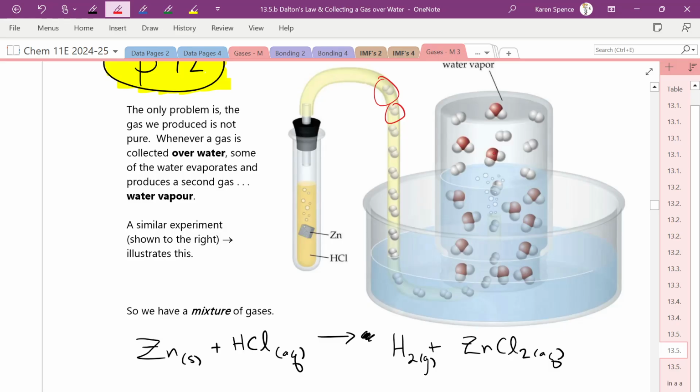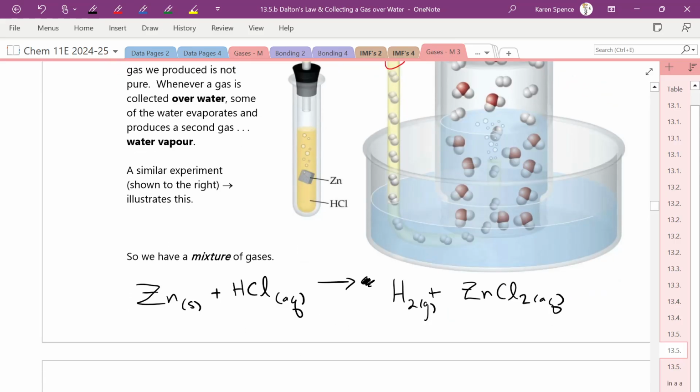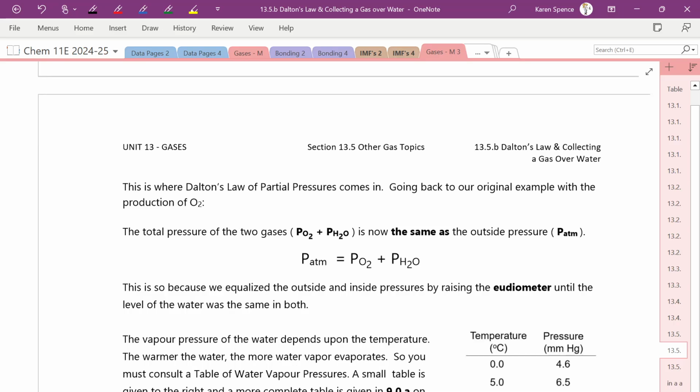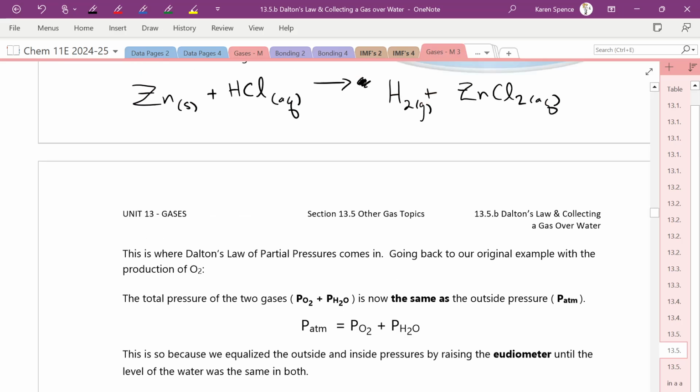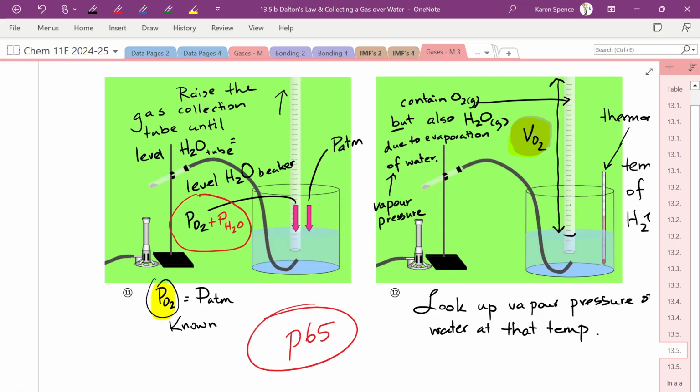If you recall, inside the collection tube, or in this case a collection flask, we get not only the H2, but also water vapor above the water. This is where we use Dalton's law of partial pressures. In our original example, we did a reaction that produced oxygen, and we also have the water.